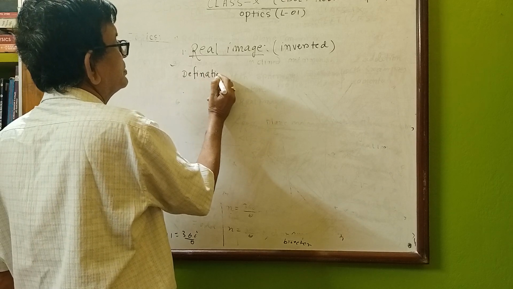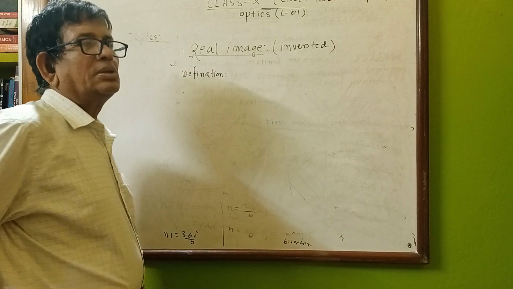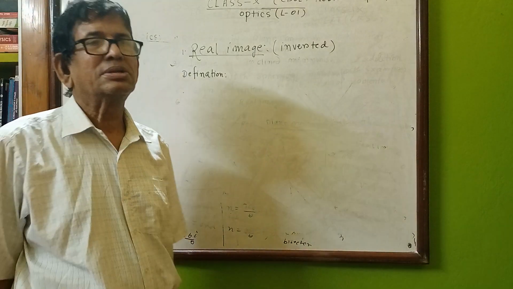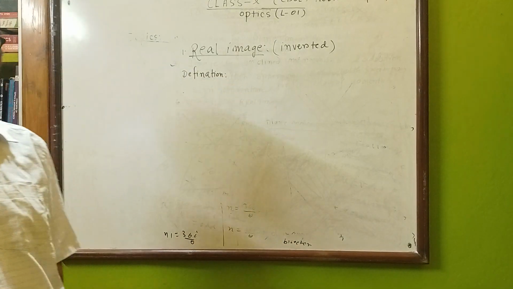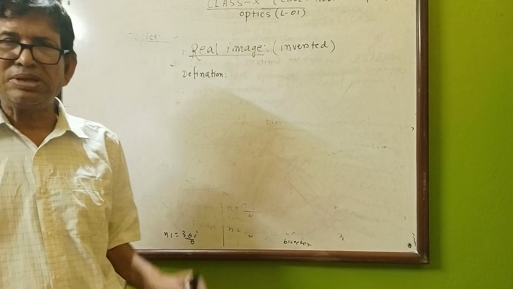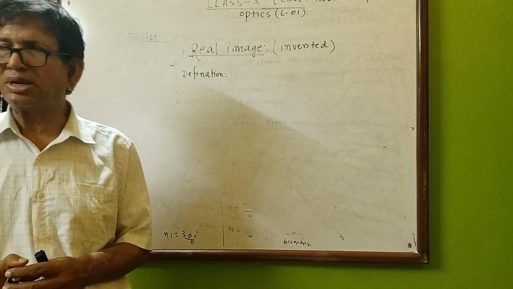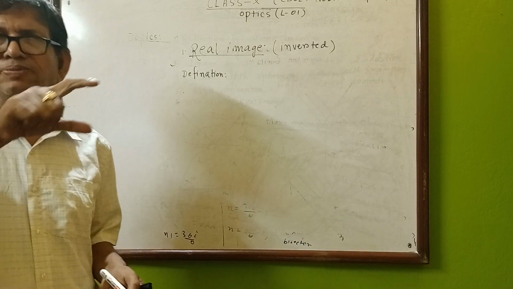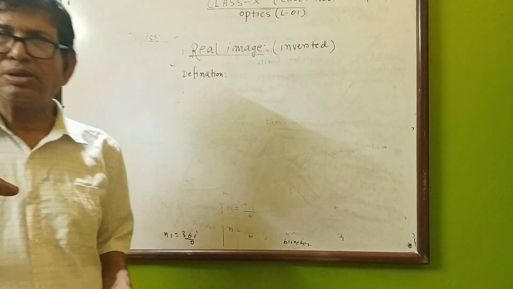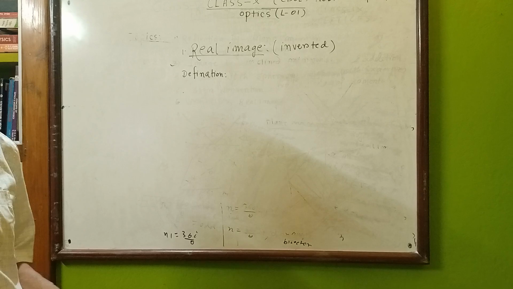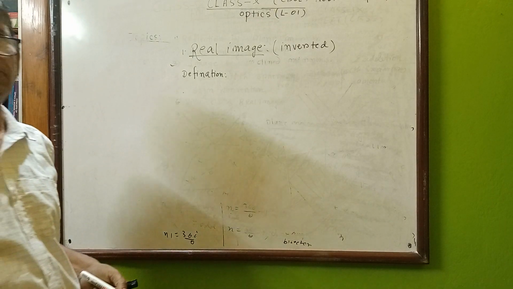What is the definition? From any object, rays after reflection or refraction meet at a point and form the image, that is the real image. Real image means reflected or refracted rays from the object meeting at a point. If they only appear to meet, then it is a virtual image.